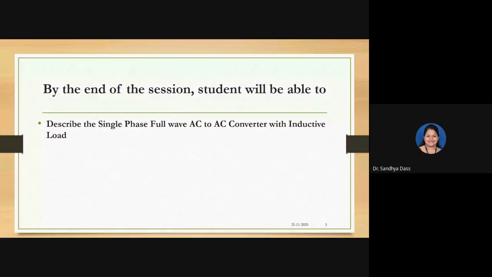All right. So by the end of this class, you will be able to describe single phase full wave AC to AC converter with inductive load. Please note that I have used different terminologies here to make you familiar with different terms that can be used in, say, exams. They may look similar, they may be confusing, but you should understand what the topic is about, and accordingly you can recall the things.